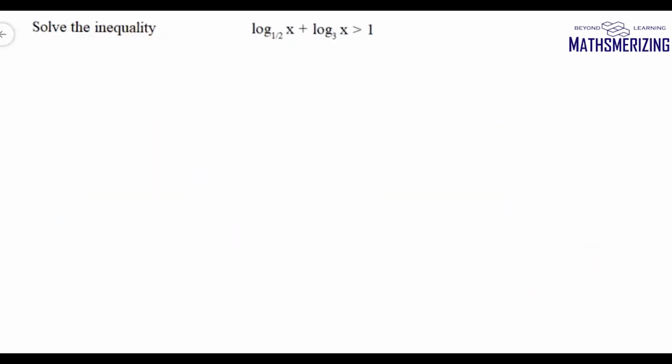Now the question is, solve the inequality log x to the base 1 by 2 plus log x to the base 3 is greater than 1. So the problem here is we have a different base. So here the base is 1 by 2. So what I'll do is I'll change the base of the inequality to 2. So I can write it as minus log x base 2, and I'll write this as log x base 2 upon log 3 base 2, and it should be greater than 1.